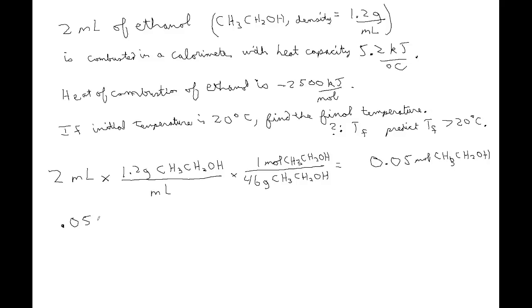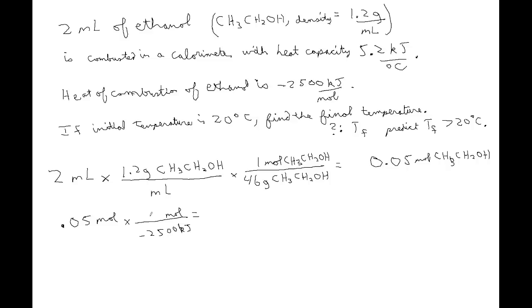So that will give us negative 130 kilojoules released. Now we can take Q equals C delta T, where negative 130 is equal to C, which is 5.2.